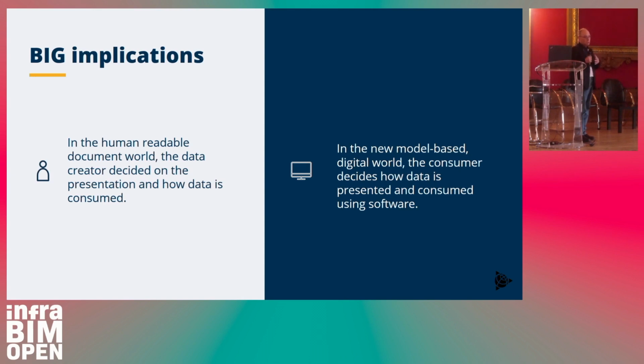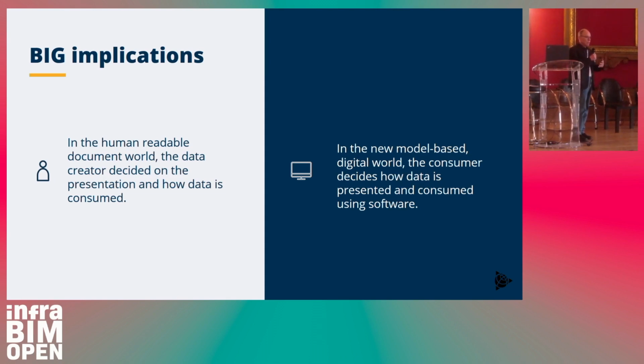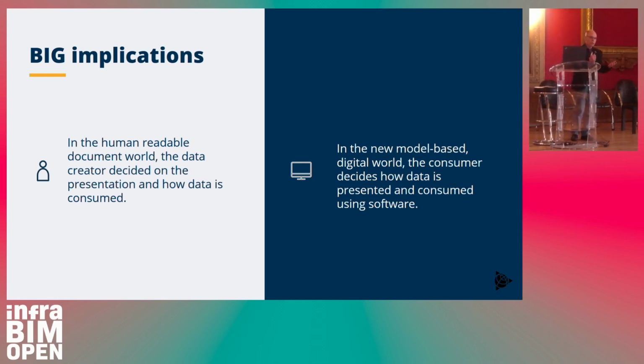But now with machine-readable data, the content and the presentation are totally separated. So the consumer of data can choose any presentation he likes by selecting some software which can present the data for him in the form he wants. And this in itself is a huge change in how the whole industry works and how it can work.